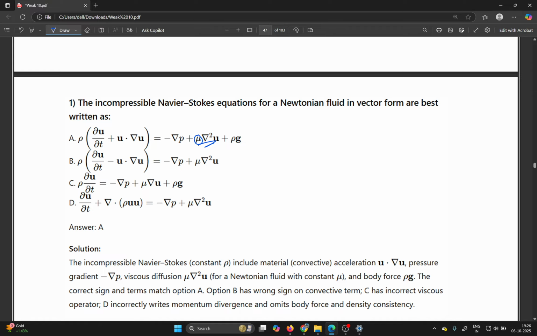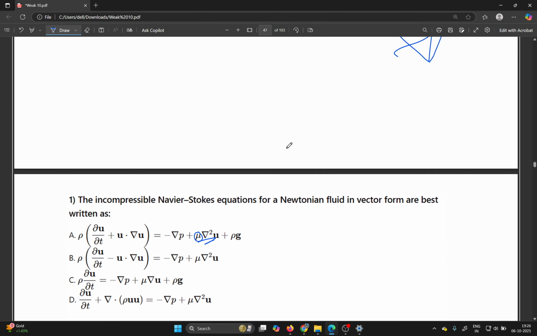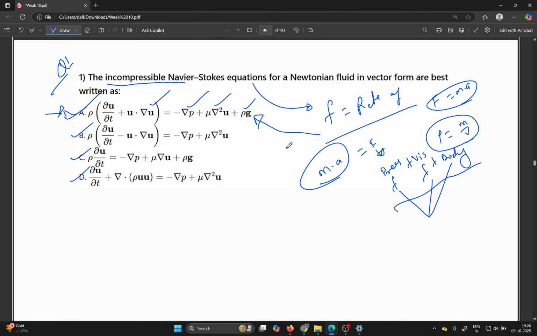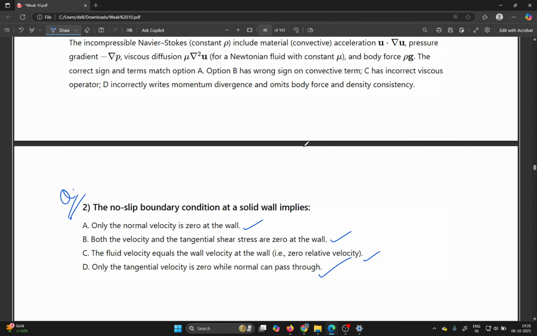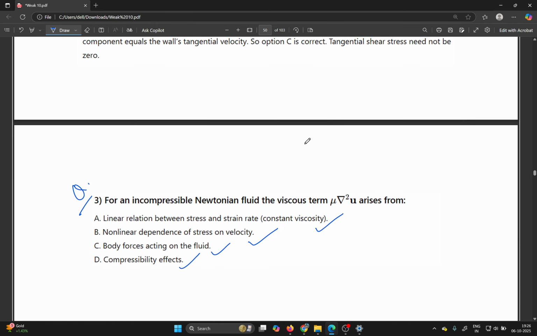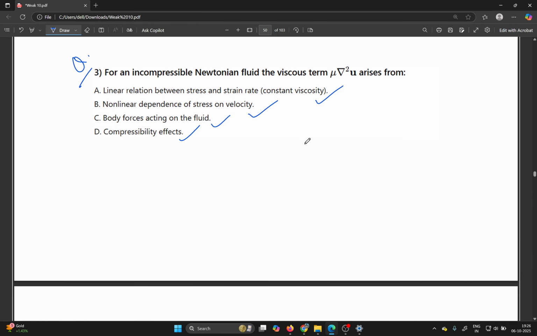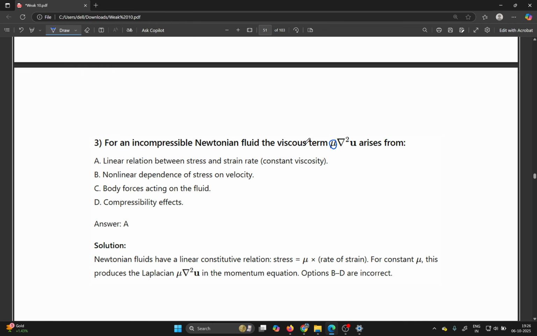So we are considering the linear relationship, that is the constant viscosity.